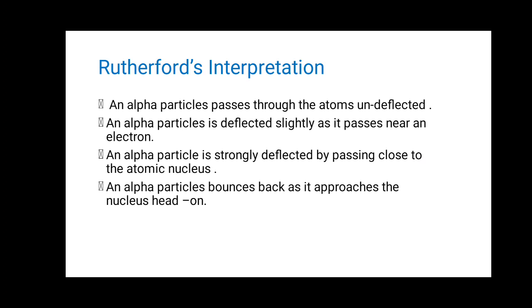Another alpha particle is slightly deflected as it passes near the electron. Then those passing close to the atomic nucleus are strongly deflected, and those approaching the nucleus head on bounce back.